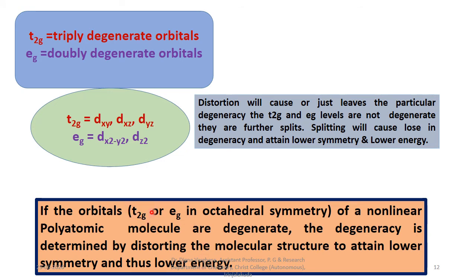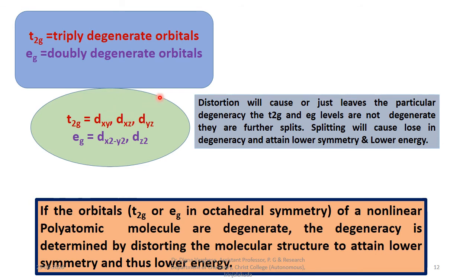In a polyatomic molecule, the T2g remains as the dxy, dxz, dyz orbitals in a degenerate state, and Eg remains as the dx²-y² and dz² orbitals that have equal energy. But when the molecular structure is distorted, this degeneracy is lost.